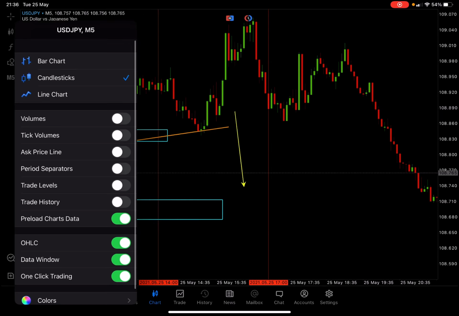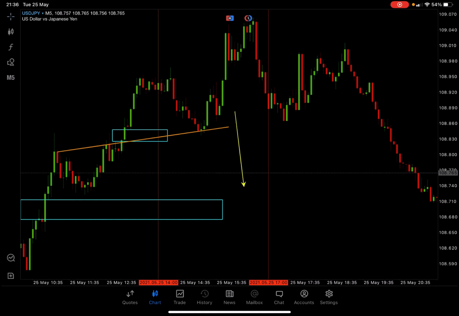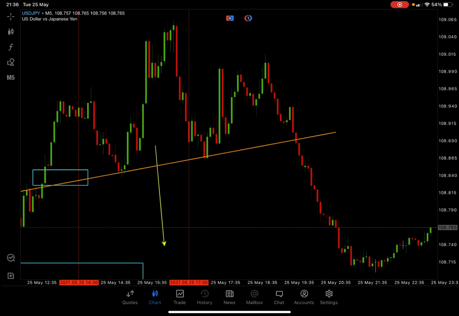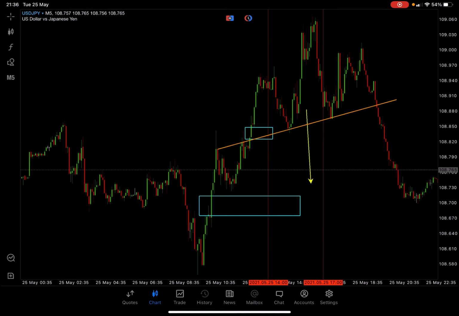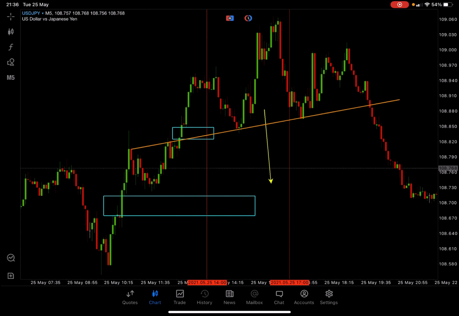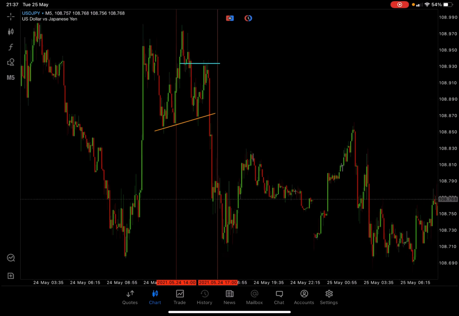If you left it a bit, then you could clearly see we're getting a nice head and shoulders. Then we got a support being broken, and then we go down to collect liquidity. So that would have been a late setup. You'd have probably took one stop loss hit from that if you traded it.